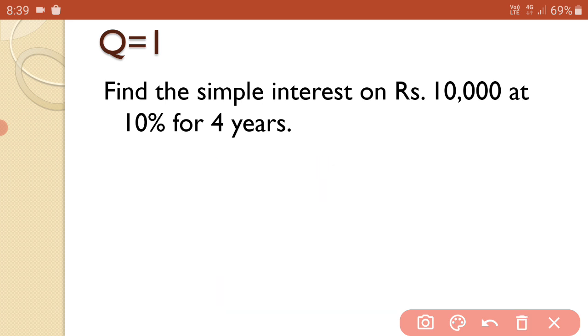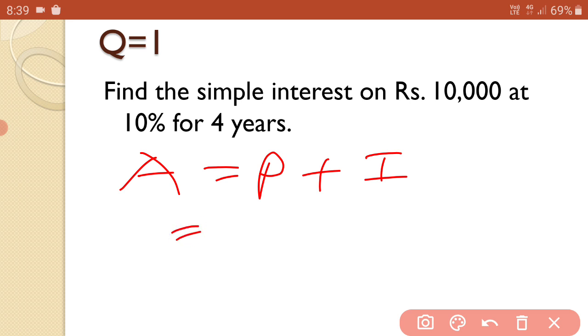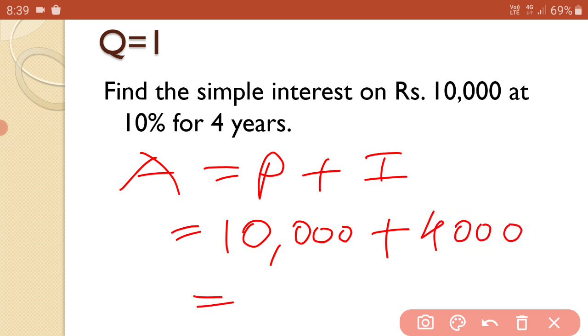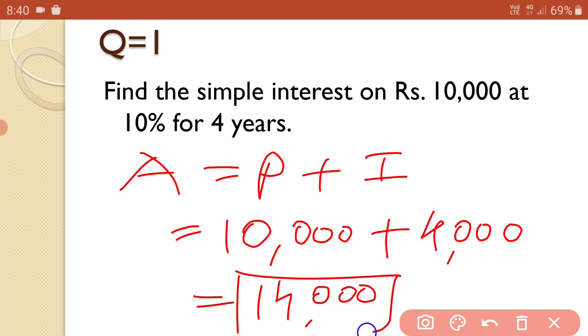If we find A, the amount, it is P plus I. So P is 10,000 plus I is 4,000, so the total amount is 14,000 with interest. You pay this 14,000 after 4 years.